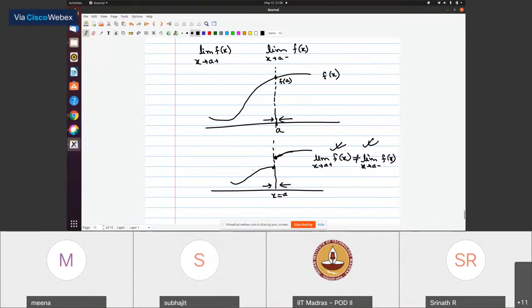When we are considering the tangent at x equal to a, the tangent will move like this when we are approaching from the left side. But when the tangent is coming from this side, it will be like this. So at x equal to a, this tangent is not unique. I mean, the slope of the tangent is not unique. So we cannot say that at this point of discontinuity the tangent exists.